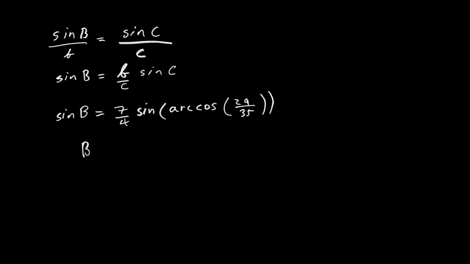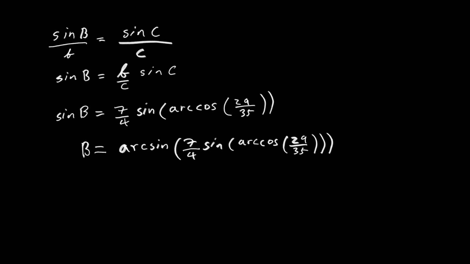Okay, so B would be equal to, sorry, I've got to take the arc sine of both sides. So the arc sine of this entire right-hand side in the previous line, 7 over 4, times the sine of the arc cosine of 29 over 35.